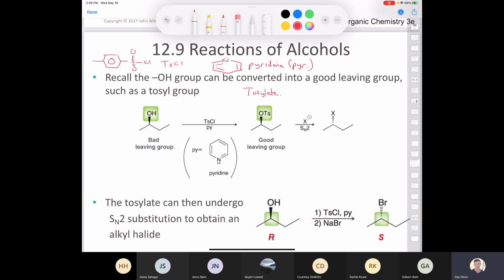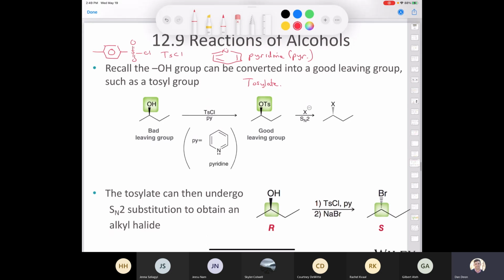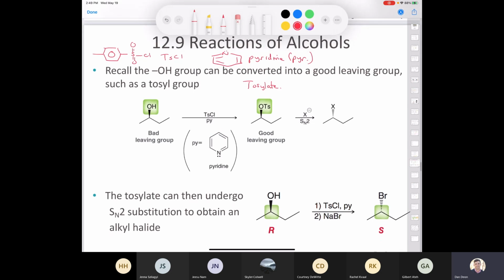Now that you've got that converted to a good leaving group, if you attack that with the appropriate halide, as is shown here, you can do an SN2 reaction, but notice that it proceeds with inversion of configuration. Notice that in the first step there was retention of configuration, right? Both of these are wedges pointing out, but now we have a dash going in the back. So we get inversion of configuration because this is an SN2 process.